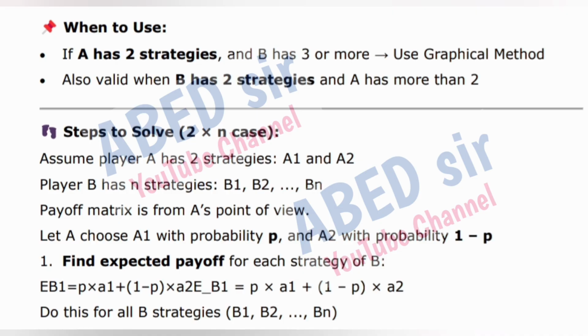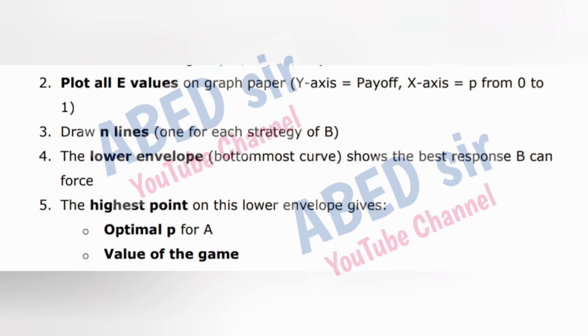1. Find expected payoff for each strategy of B. E(B1) is P times a1 plus (1 - P) times a2. Do this for all B strategies, B1, B2, ..., Bn. 2. Plot all E values on graph paper. Y-axis is equal to payoff, x-axis is equal to P from 0 to 1. 3.